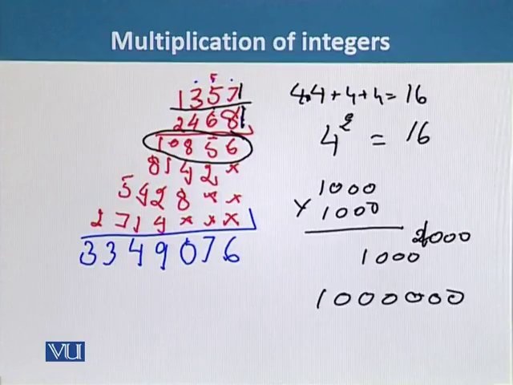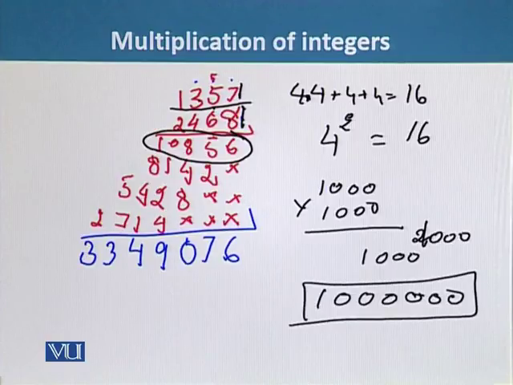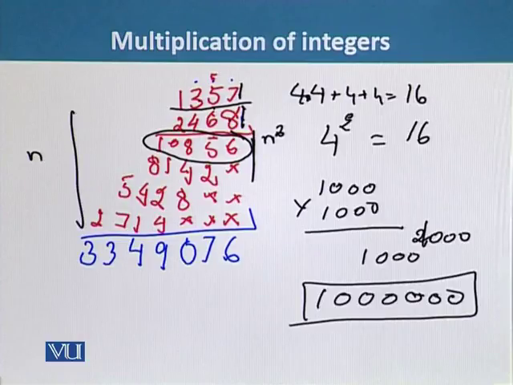We have to perform this total number of steps to get the answer. So if we perform multiplication of n-digit numbers, we have n rows, and we have to perform n squared multiplications.